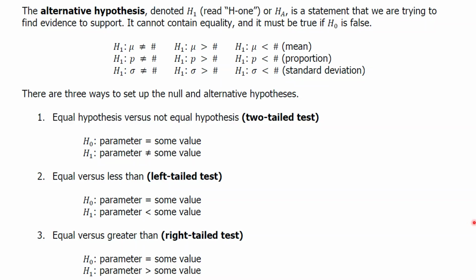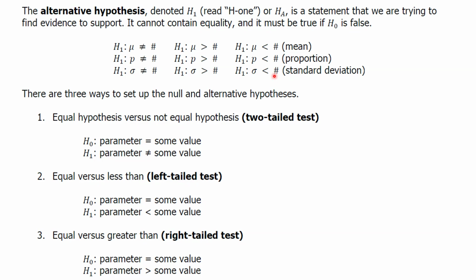Okay, so think of H1 as the challenger to the status quo. So we always use either the not equals, the greater than, or the less than. We never use the equal sign because the claim that something has changed is what H1 represents.